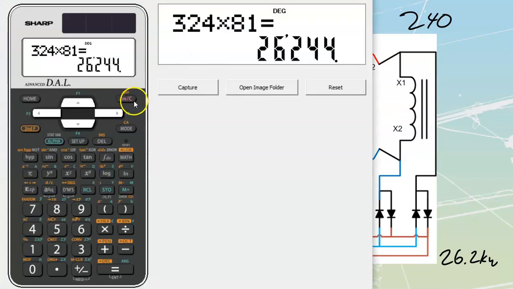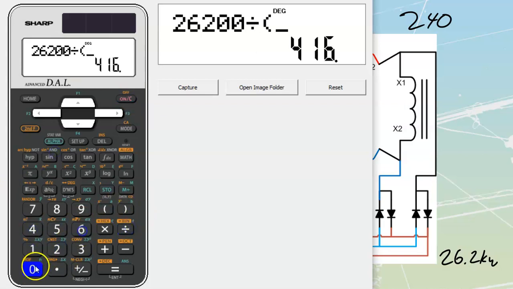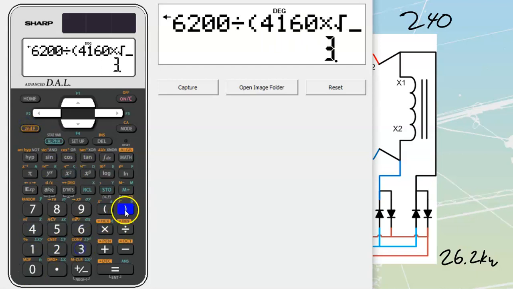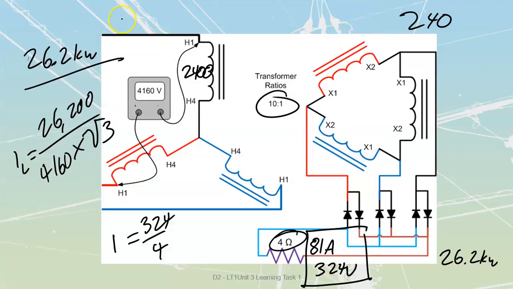Okay, so we'll just clear that. Oh, I guess I could have left that in there. 26,200, we rounded it. Divided by my E line, 4160 times root 3, which gets me to a value of 3.6 amps that we're going to have. Once again, just critical for figuring out what I'm going to need to size this wire for, 3.6 amps.